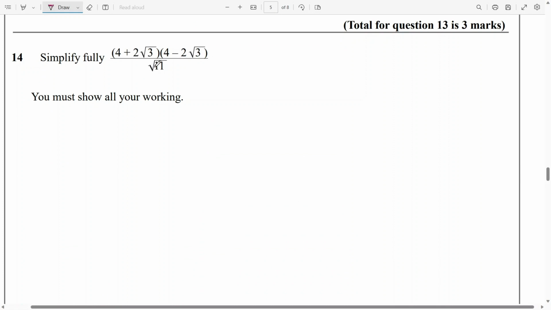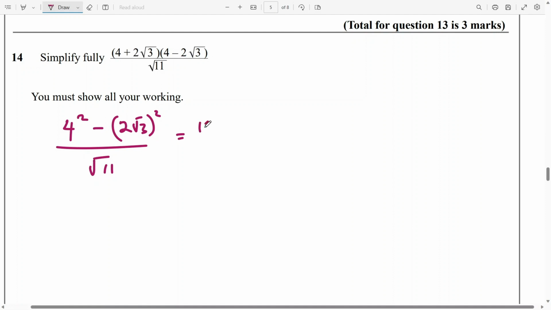So we need to simplify this completely. I think I need to expand the top first, okay? And so I know that this is the opposite of this, so I think it's going to be a lot easier for me. So I'm going to work out 4 squared minus 2 root 3 squared and divided by root 11.